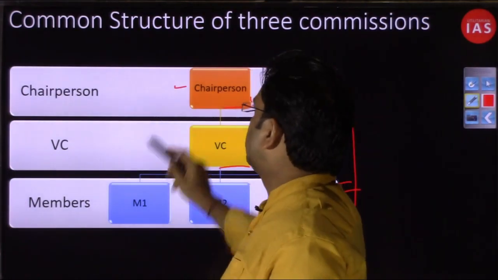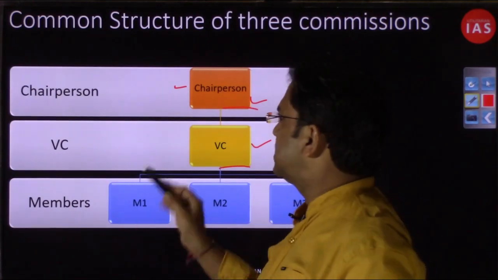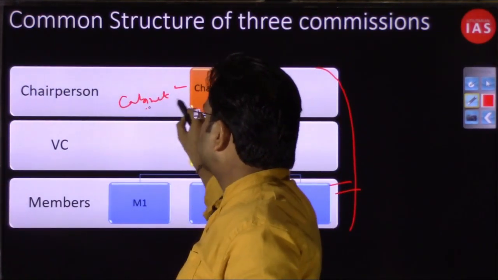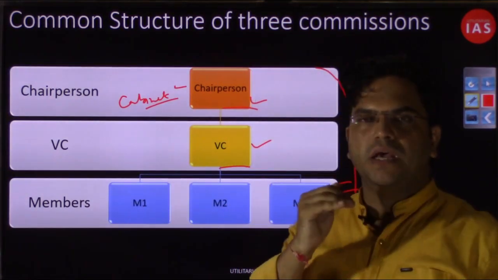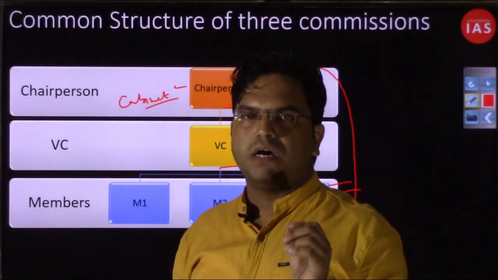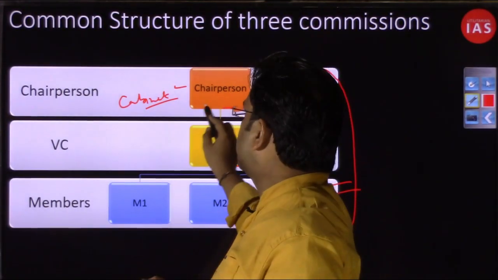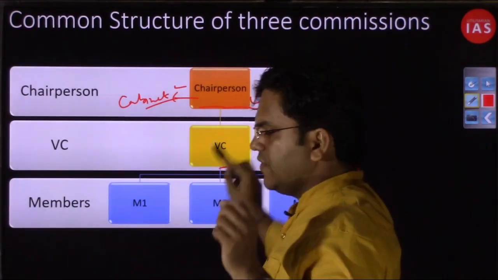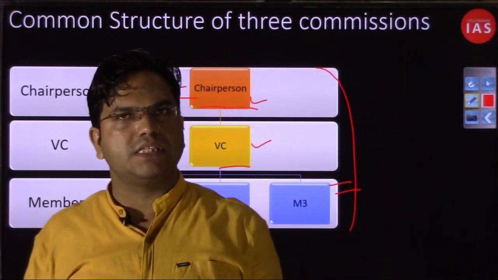As far as the status of the chairperson is concerned, it will be equivalent to the cabinet minister rank. He will be put on par with whatever facilities and perks are available to a cabinet minister. You will find that the same perks will be available to the chairperson of NCSC, NCST, and NCBC as well.